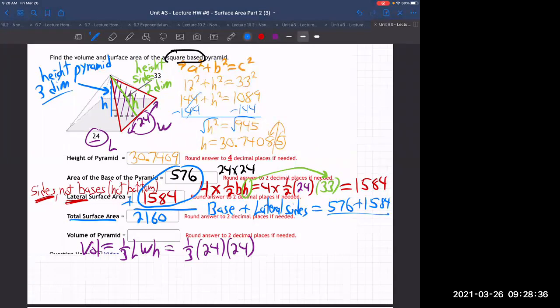Well, we figured that out back here. Let me grab it on this step right here, height of the pyramid. That's the actual height of the pyramid, right? We figured that out earlier. That's why it's important that you submitted that answer earlier to make sure that's right, because we're about to use it. So there we go. Multiply those together on your calculator.